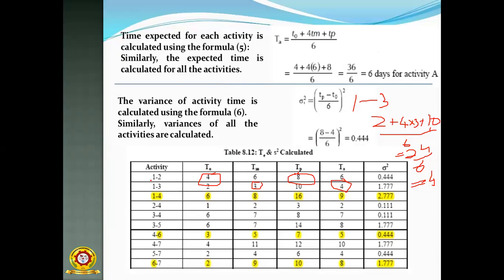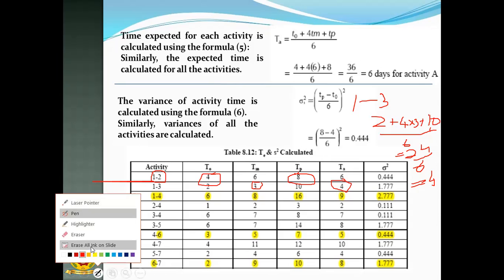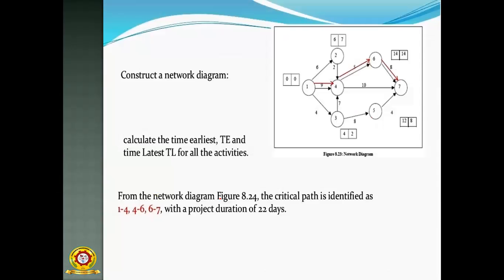So 1 to 2, that is the starting activity, because there is no earlier activity you have to take. For this 1 2, 1 is the predecessor activity, 2 is the successor activity. That means 1 is the starting activity. So first you start with the first event.